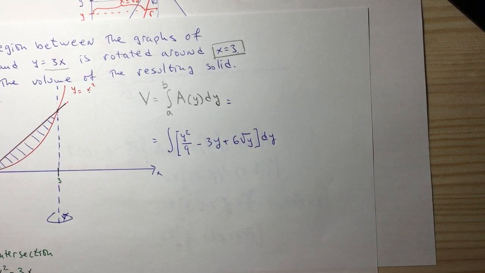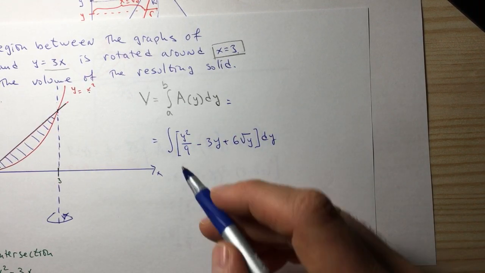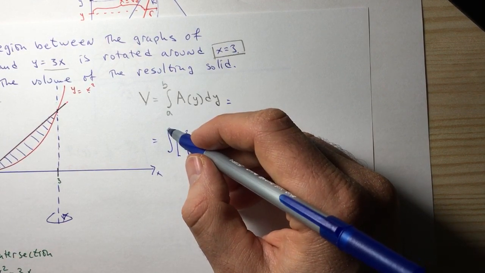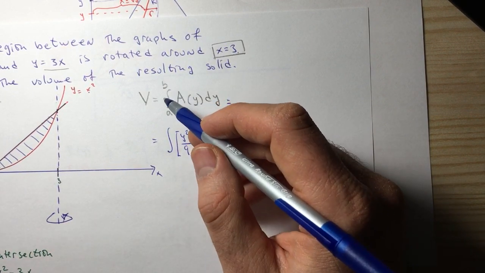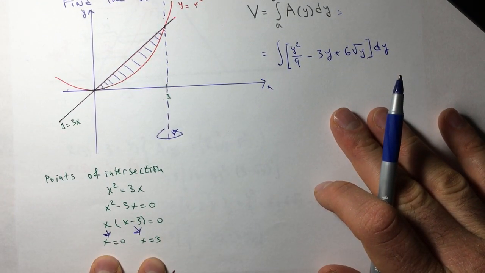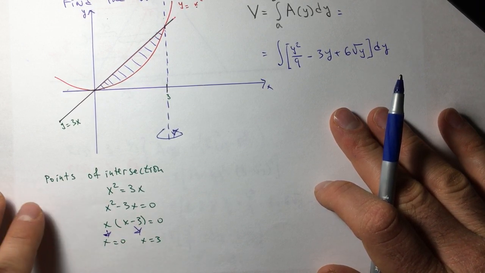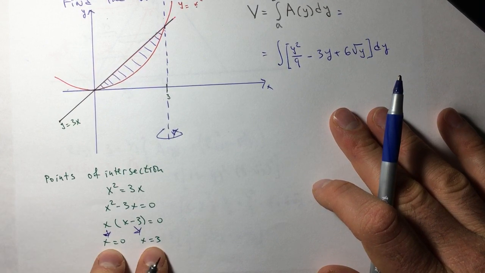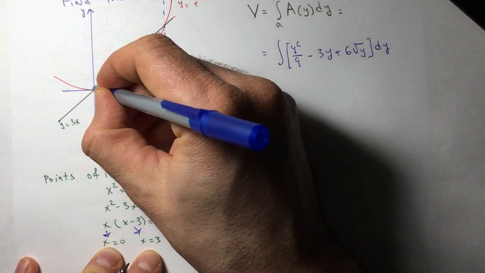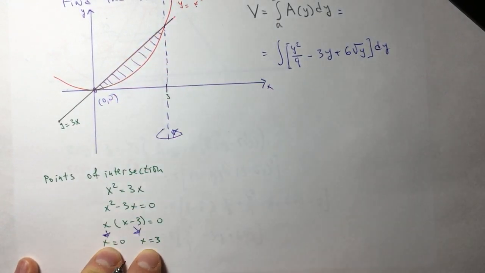Okay. The only thing that we're missing here is how much is a and b? And again, don't make this mistake. A and b are not 0 and 3, these two that we found as the points of intersection. Why not? Because these are the points of intersection in terms of x. Well, that's not difficult, just evaluate the coordinates of the same points. This is just the origin, 0, 0, right?